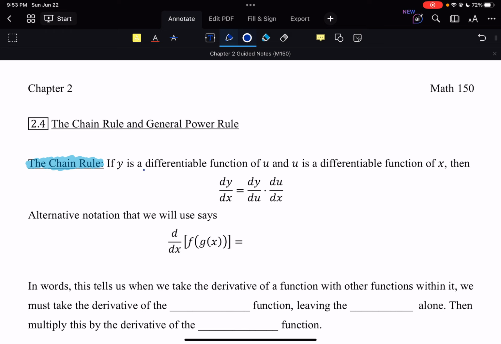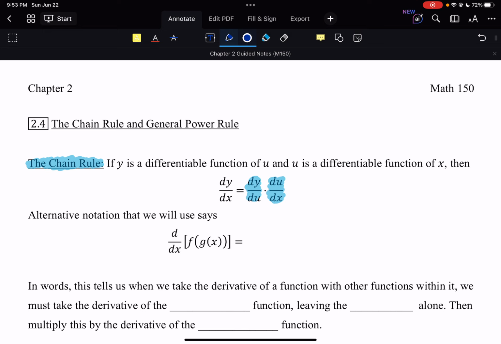So we say if y is a differentiable function of u and u is a differentiable function of x, then dy/dx equals dy/du times du/dx. So the derivative of y with respect to u, derivative of u with respect to x.